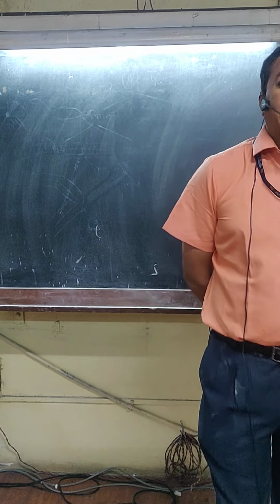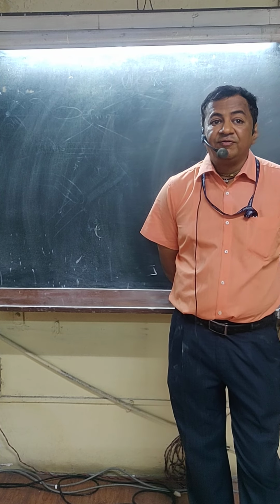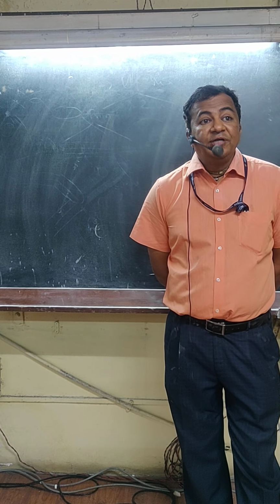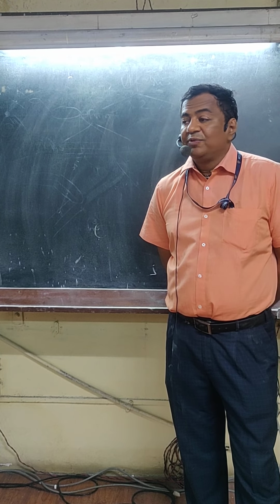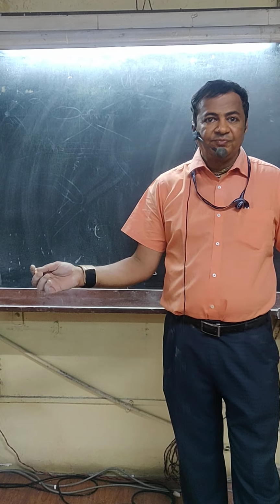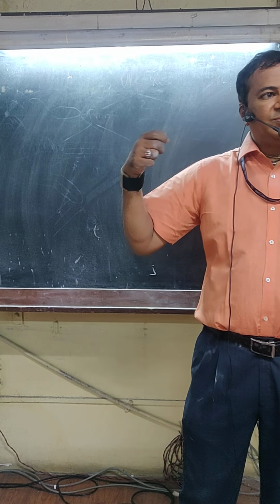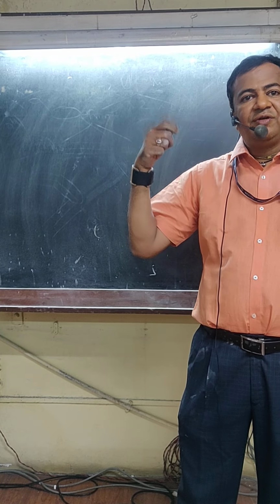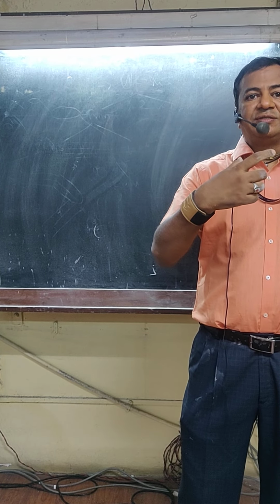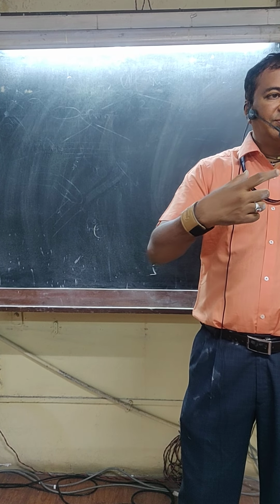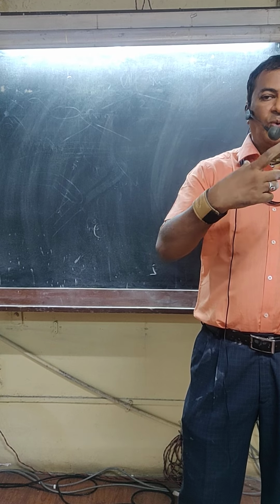If you go to a village and a female with infertility comes to you, and there is no scope for hysterosalpingography, what will you do? Something called Rubin's test. Take a 10 ml or 20 ml syringe, fill it with air, put it into her cervix, put a stethoscope here, and push air.